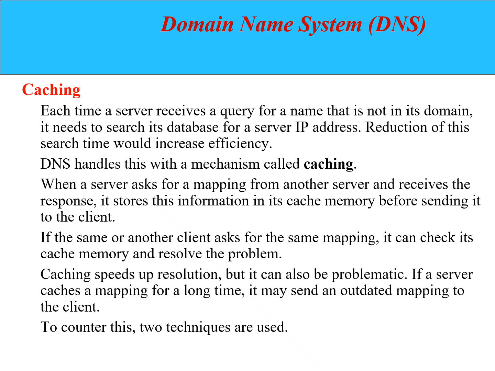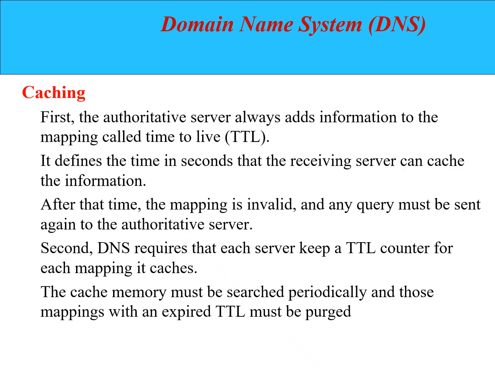If the same or another client asks for the same mapping, it can check its cache memory and resolve the problem. So caching basically speeds up the resolution, but it can also be problematic. If a server caches a mapping for a long time, it may also send an outdated mapping to the client. To counter this, they are using two types of techniques.